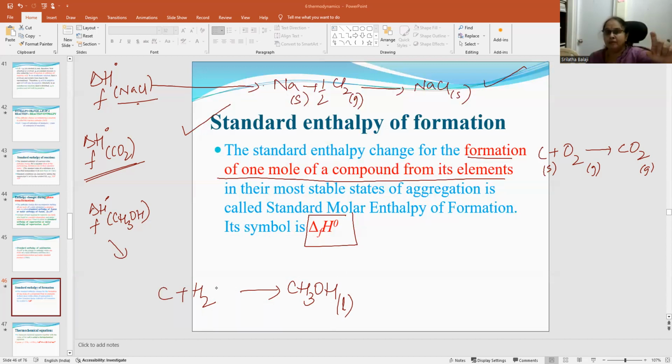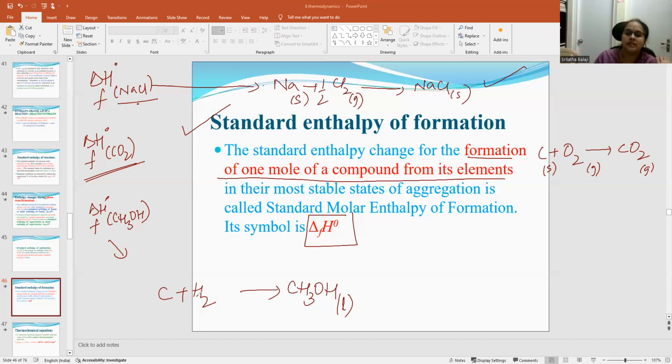But what does the symbol tell you? The symbol is formation. According to the definition, we have to design an equation such that 1 mole of the substance is prepared from its constituent elements, not anything else. So stick to the symbol, the equation, and the definition. They all should sync up.